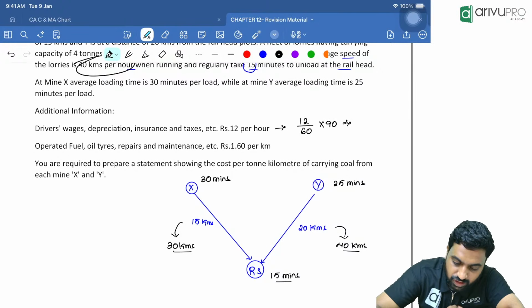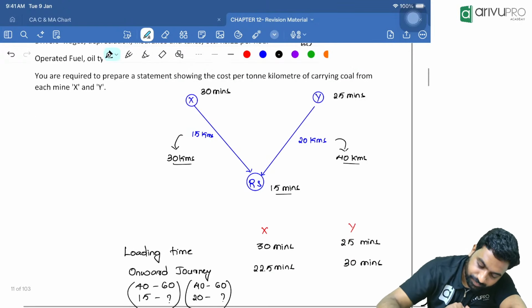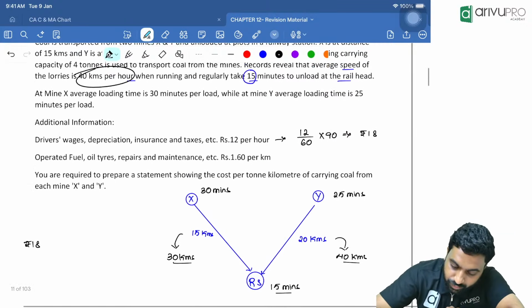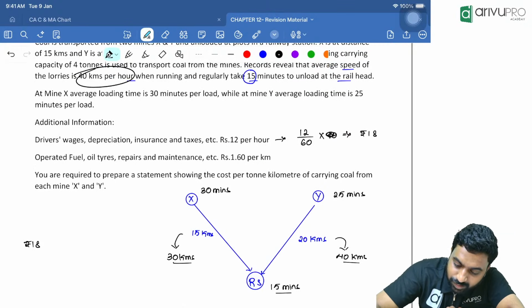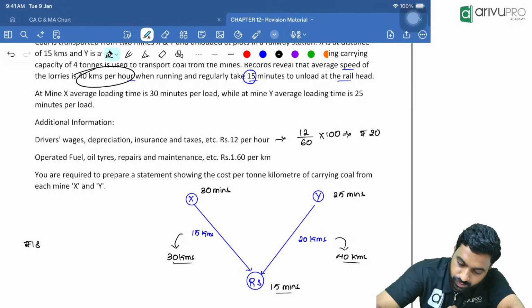This is for the first lorry, I mean X. Rupees 18. For Y, 12 rupees for 60 minutes, for 100 minutes, question mark. 20.